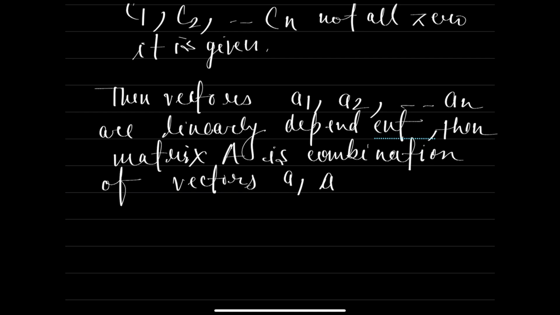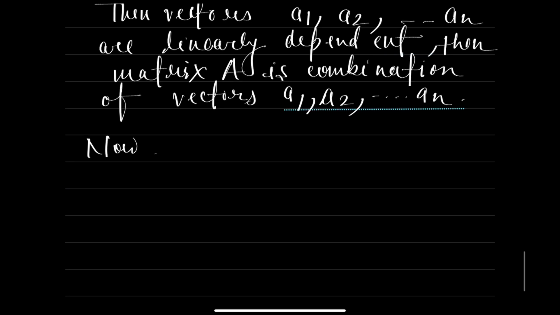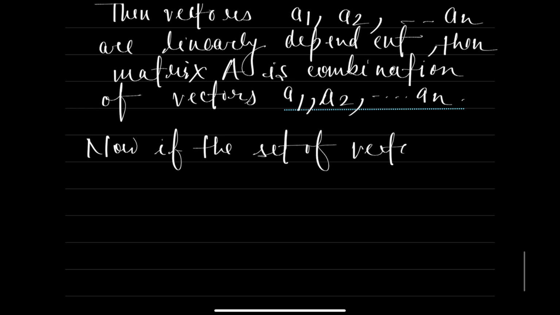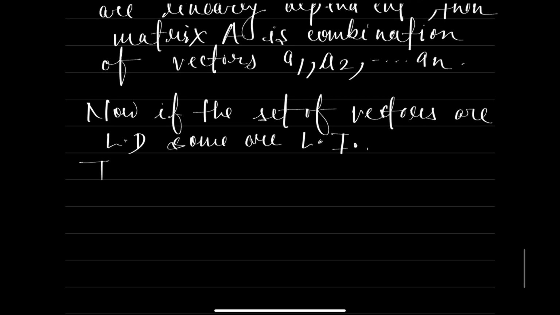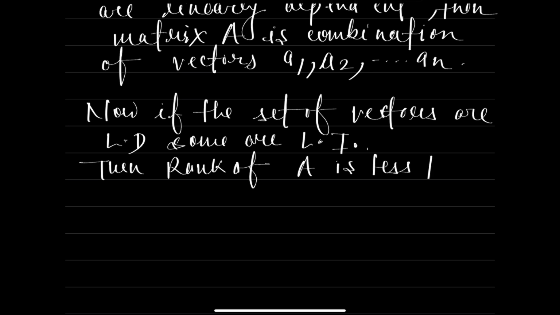vectors a1, a2 up to an. Now if the set of vectors are linearly dependent, some are not linearly independent, then rank of A is less than n.